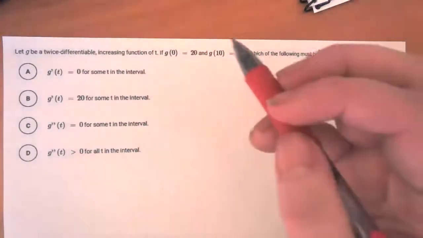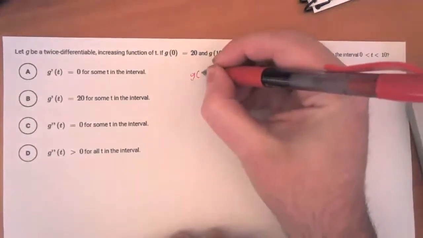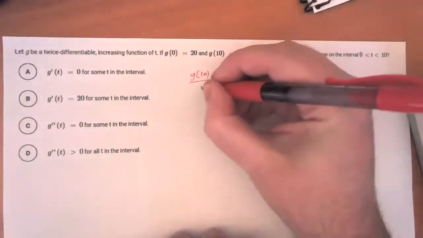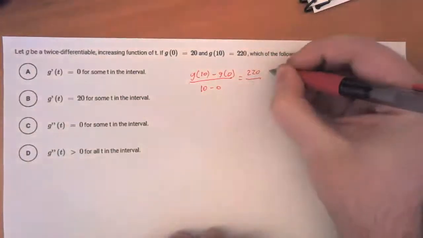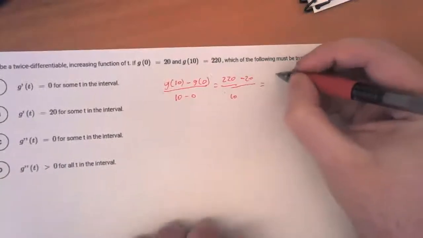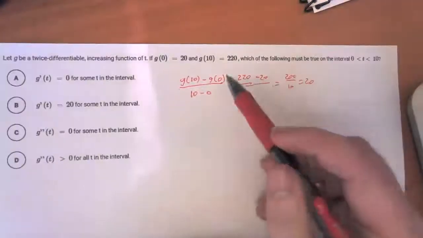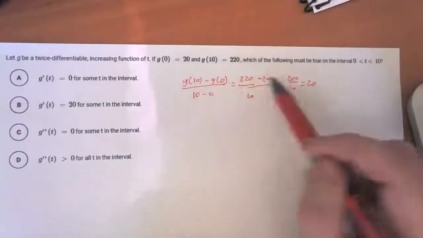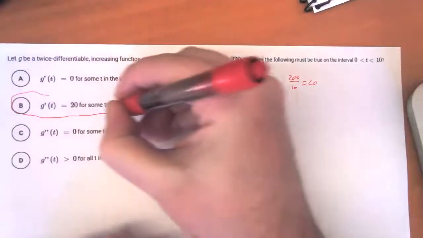All right, and so that slope would be g of 10 minus g of 0 over 10 minus 0, which is 220 minus 20 over 10, which is equal to 200 over 10, which is equal to 20. So there has to be some point between 0 and 10 where the slope is equal to exactly 20. And that is what B tells us.